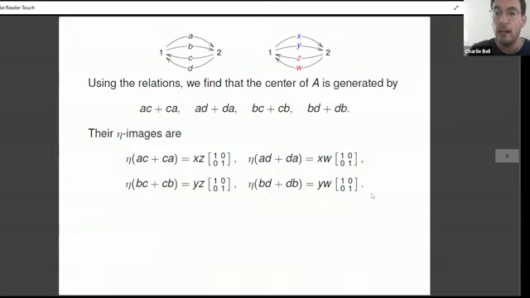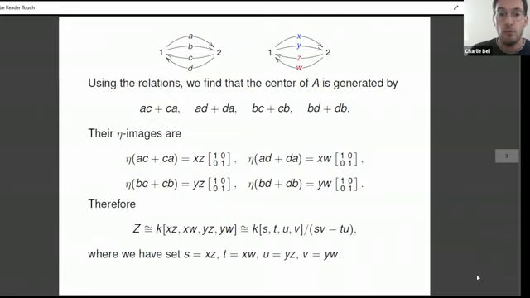So the central elements, this is really from Schur's lemma, are all just proportional to the identity matrix. Therefore, for the center, we can forget the identity matrices because they don't do anything. And so it's just K adjoin XZ, XW, YZ, and YW.